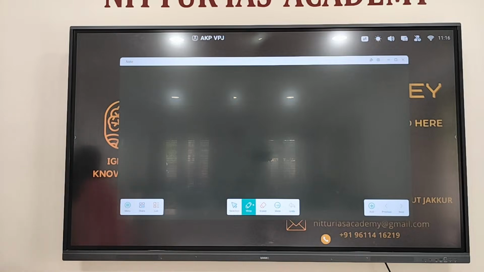For that, simultaneous interpretation of speeches made in any language specified in the 8th Schedule of the Constitution. Full stop.